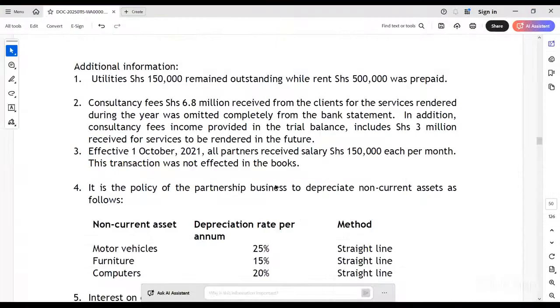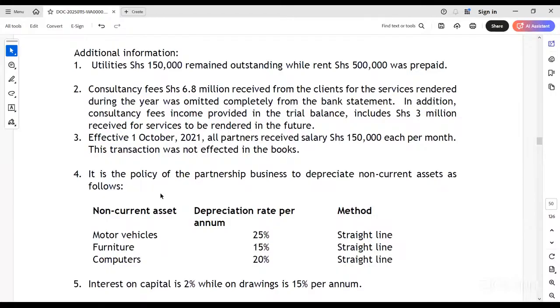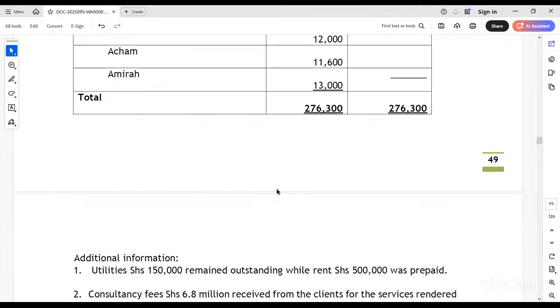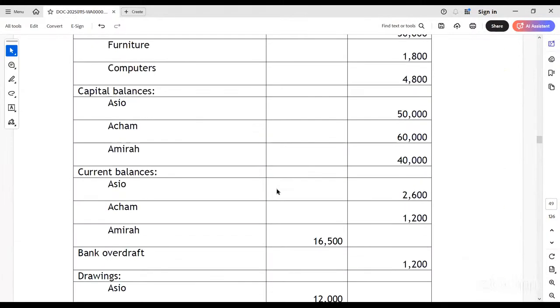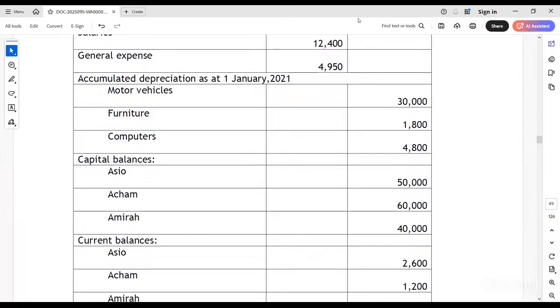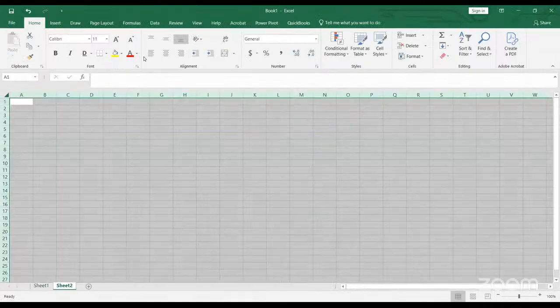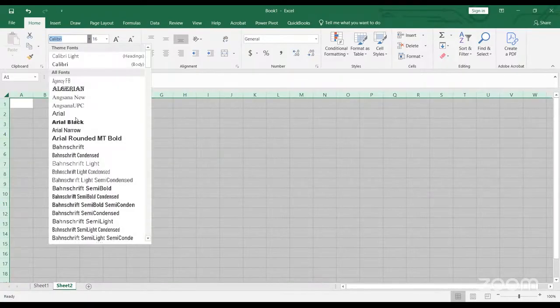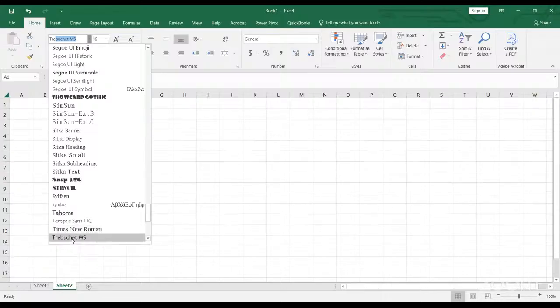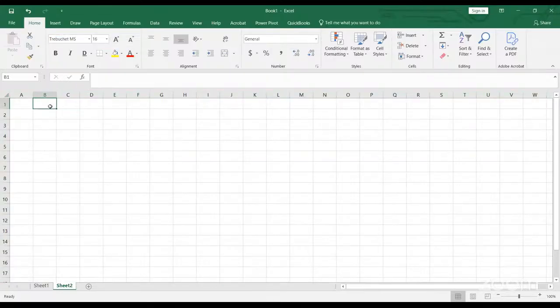It's the policy of the partnership business to depreciate non-current assets as follows. Non-current asset, depreciation rate per annum, method, and then you also have some accumulated depreciation as at the start. I think let me just come up with the working for this. Better, let me just come up with the working for depreciation here. It will make sense that we don't do the working from our statement there.